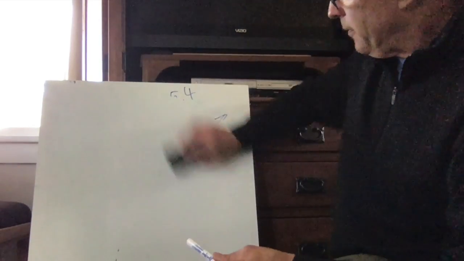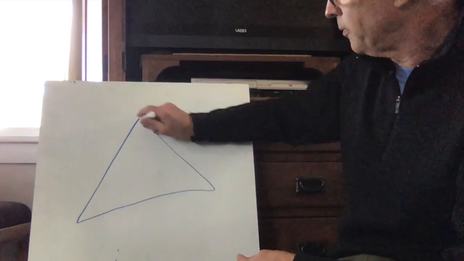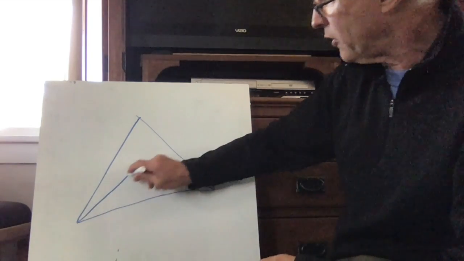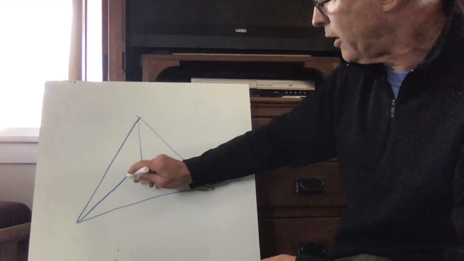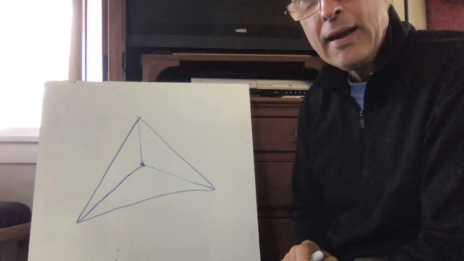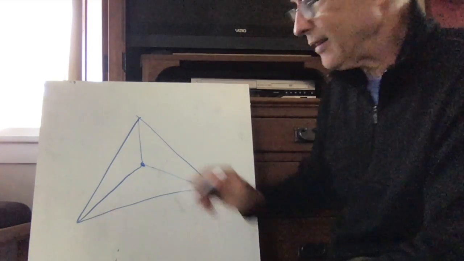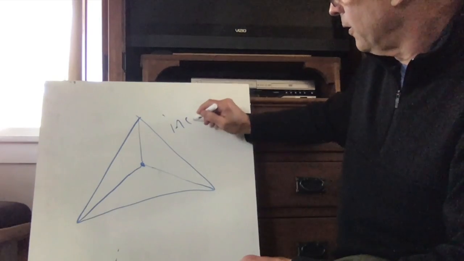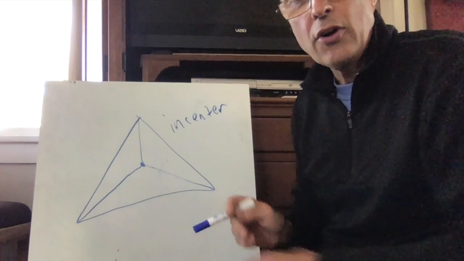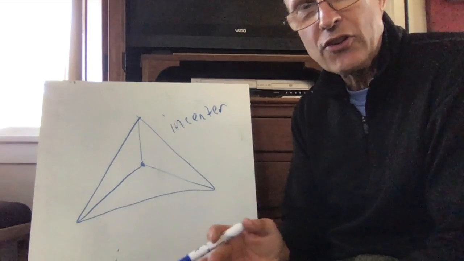Let's take that information now and apply it to a triangle. If I take the angle bisector here, here, and here, they're all going to meet at a spot, and that is no longer called the circumcenter, it is called the incenter. So if you take the perpendicular bisectors of the sides, they meet at the circumcenter.